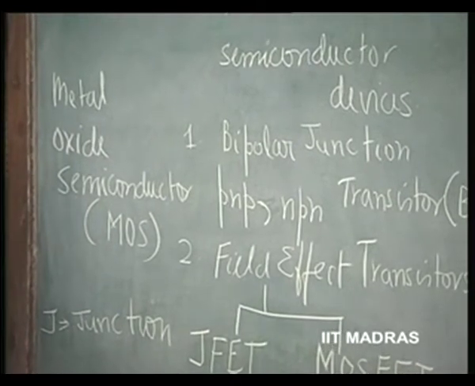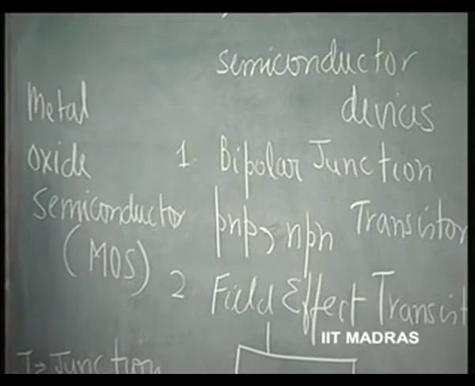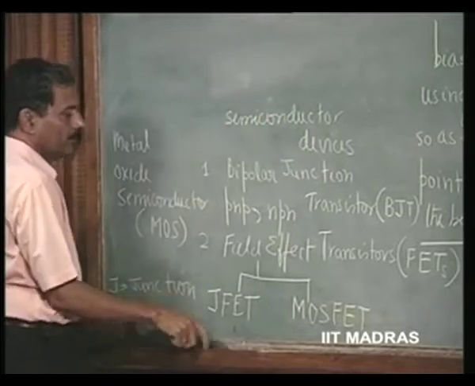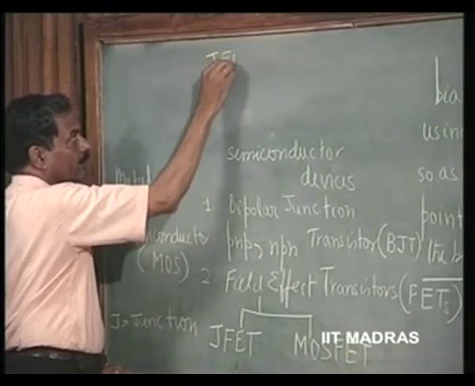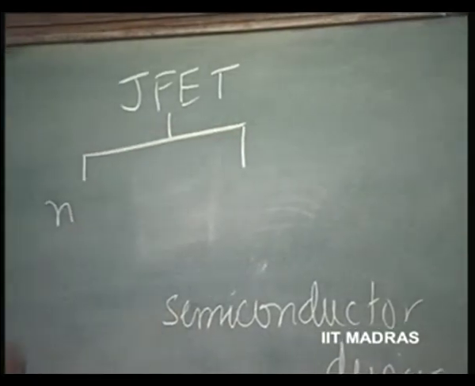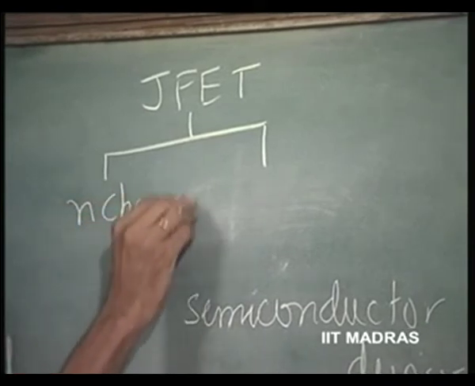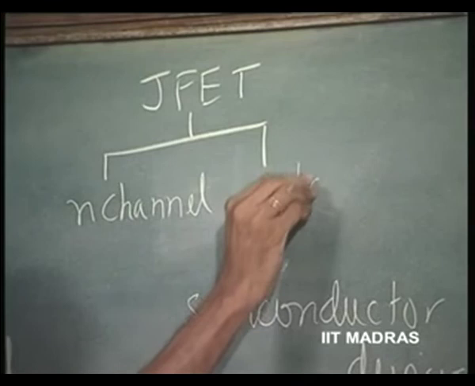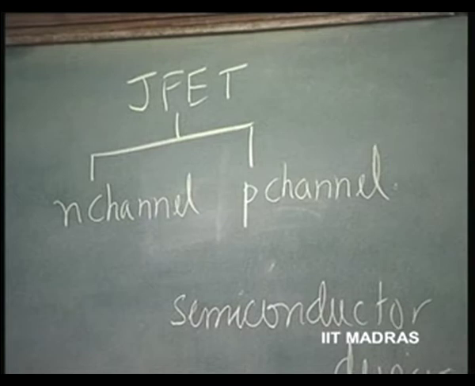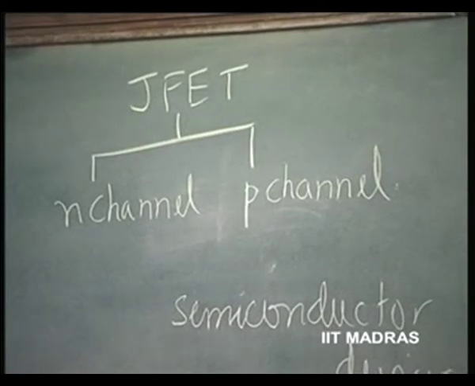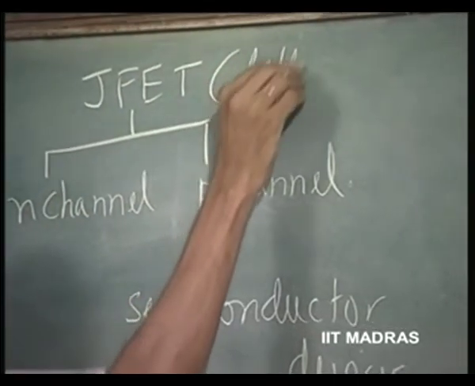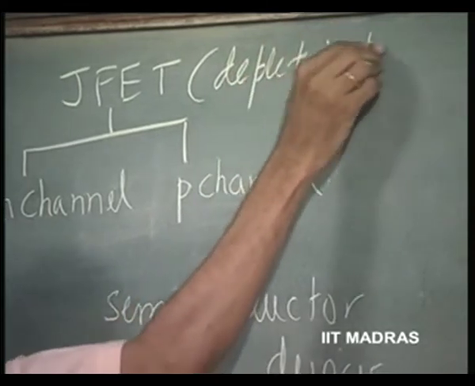In these, in turn, we have two types. So, we have JFET, two types, N channel and P channel. This JFET, because of its mode of operation, is called depletion type.